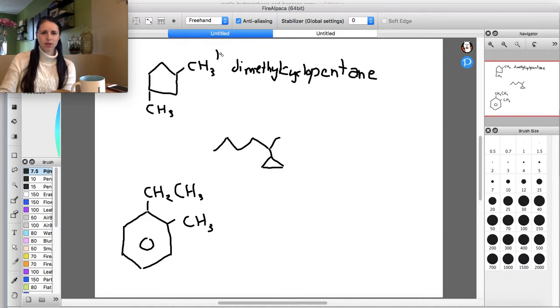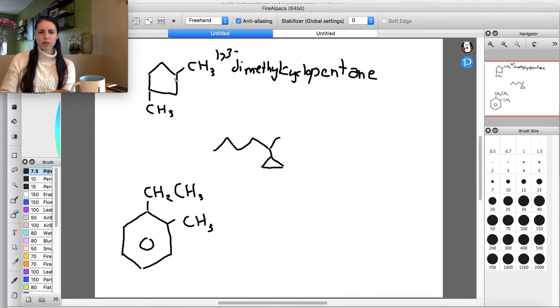I'm going to write up here for now. I'll do a good copy of this in a second. 1, comma, 3, dash, dimethyl cyclopentane. Or let's try to make this carbon 1, but count counterclockwise. 1, 2, 3, 4. That's actually bigger, so we don't want to go that way. What happens if I make this carbon 1 and count clockwise? 1, 2, 3, 4.